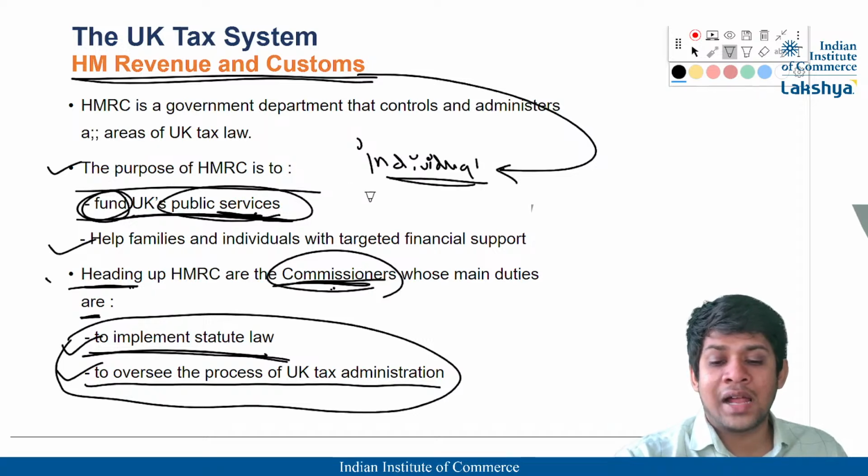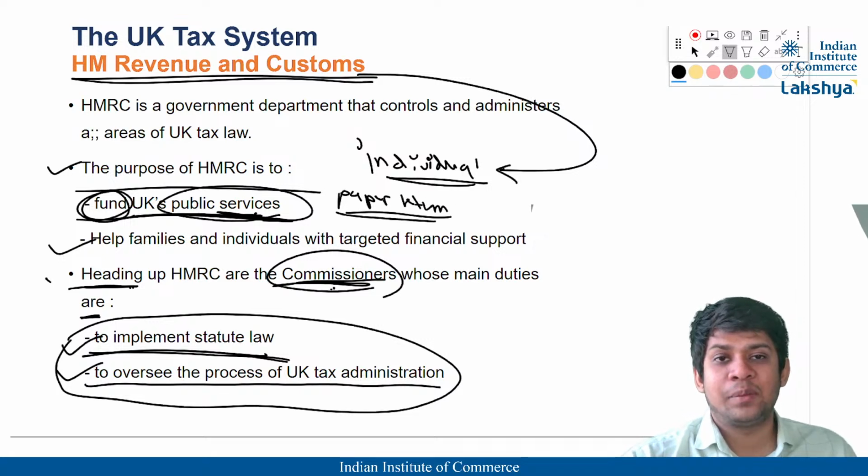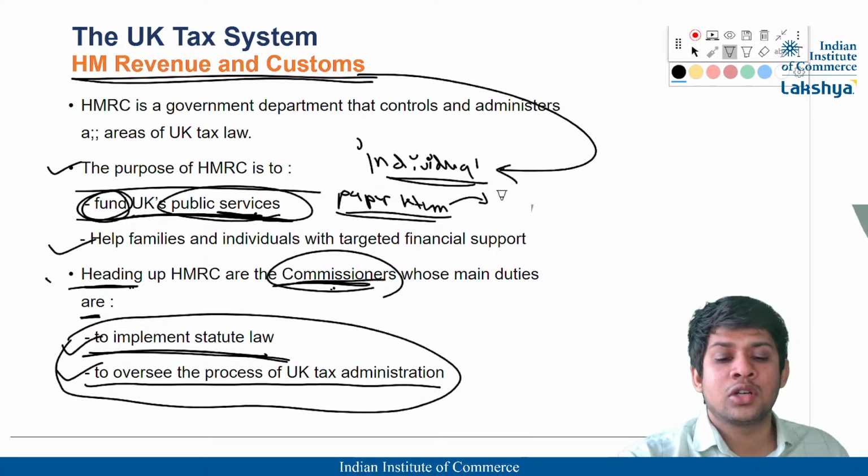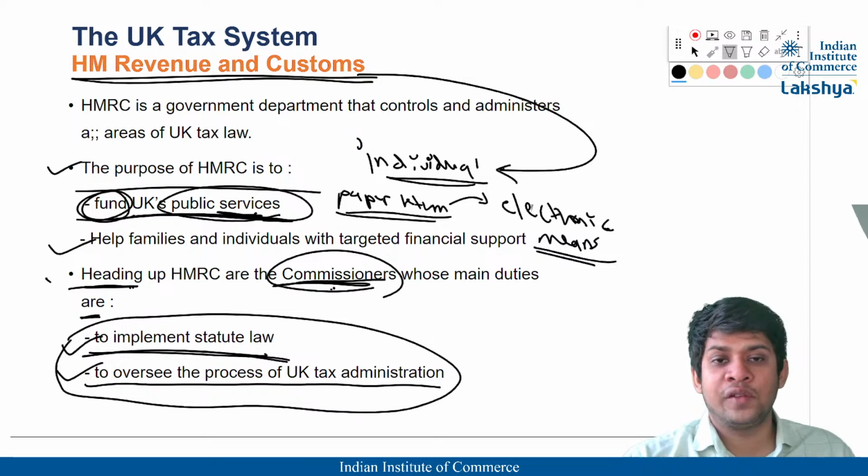An individual can pay the tax by filing a paper return, right? That means offline, giving all the papers and documents. An individual can file a paper return, or can also file the return through electronic means, to show all of his incomes.